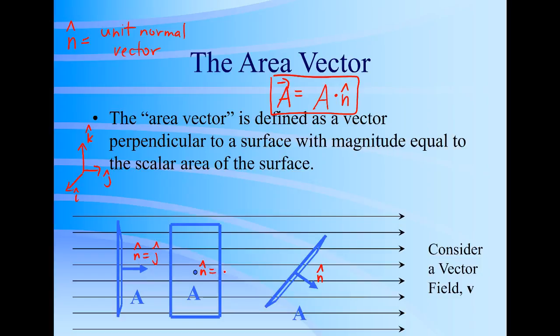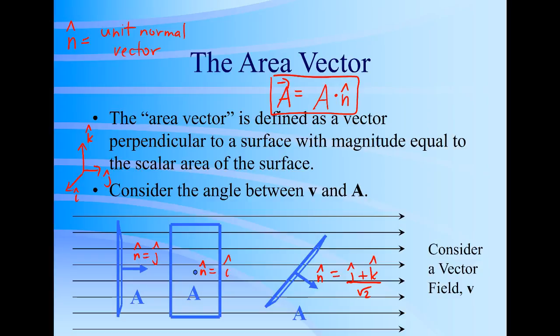This one might be i hat, and this one right here might be a combination of j hat plus k hat, and we would have to divide that by root 2 in order to make it have a magnitude of 1. So don't worry too much about that. The point is that an area now has a vector that signifies which way it's pointing.